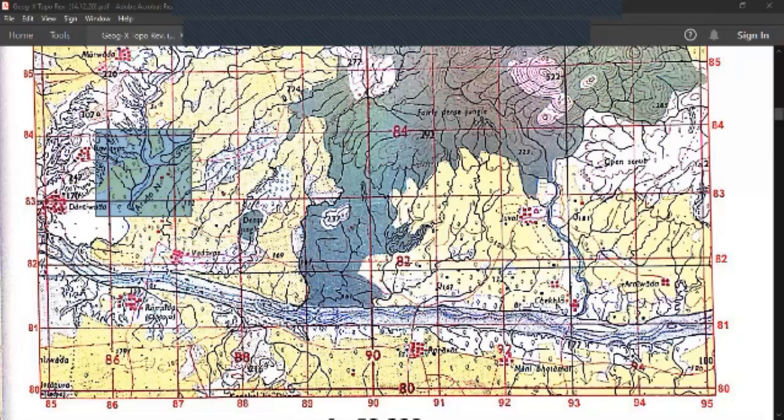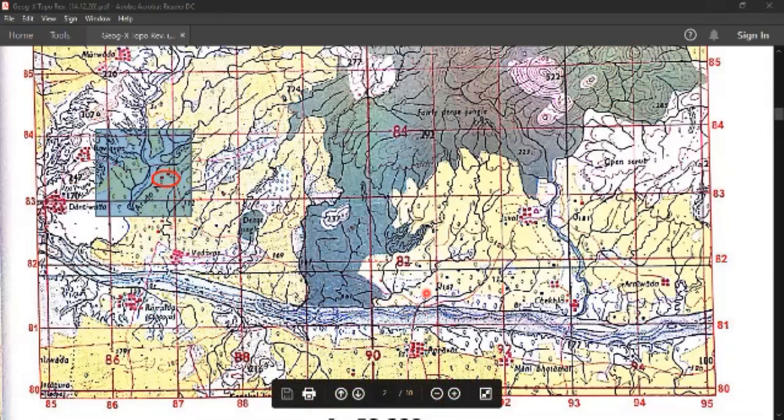As you can see, the settlement shown here is spread out far apart. Such type of settlement pattern is termed as dispersed or scattered settlement pattern.